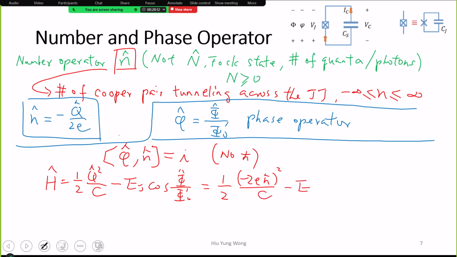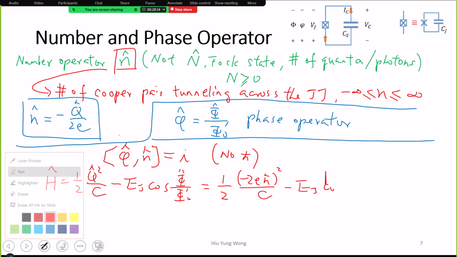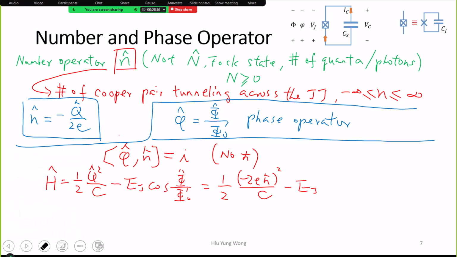The second one, I just revert back to the phase: minus EJ cosine phi hat.